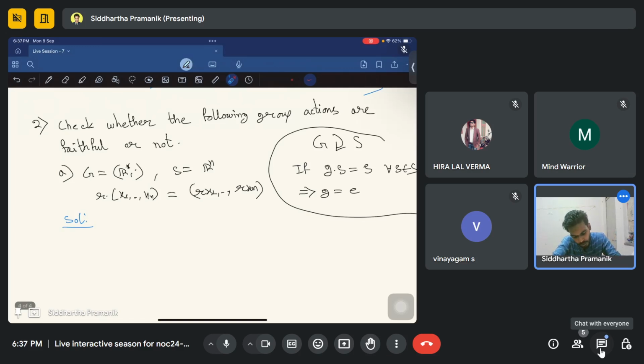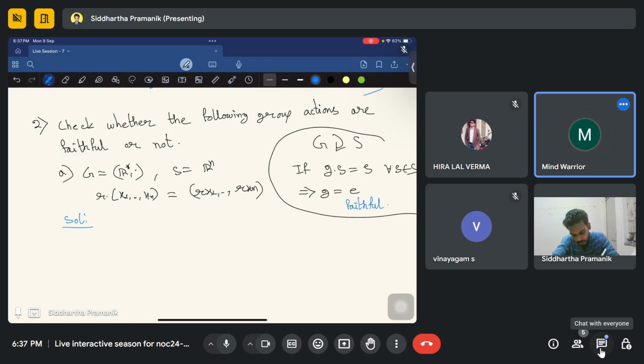So if for some element g, g dot s is s for all s in S, then that g has to be identity. In that case, we say it is faithful. It is not faithful. Why? Can you explain?